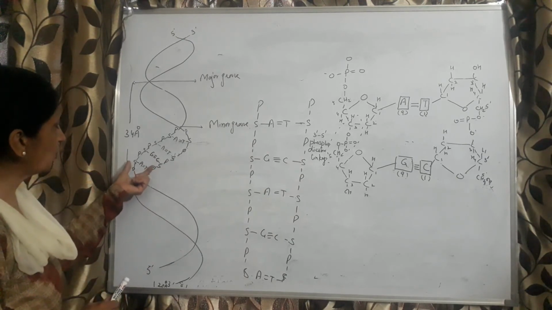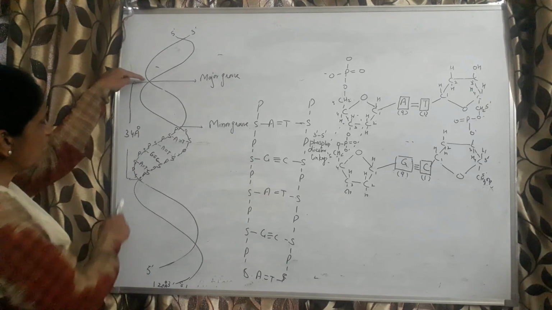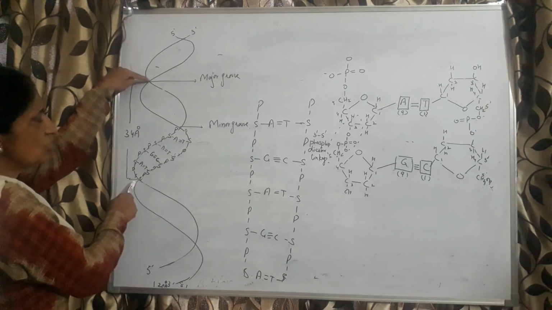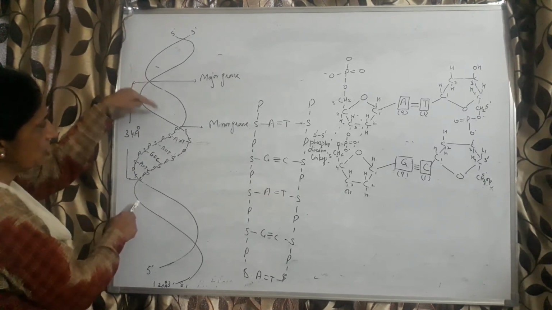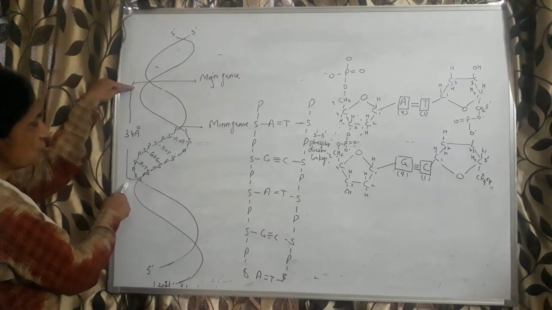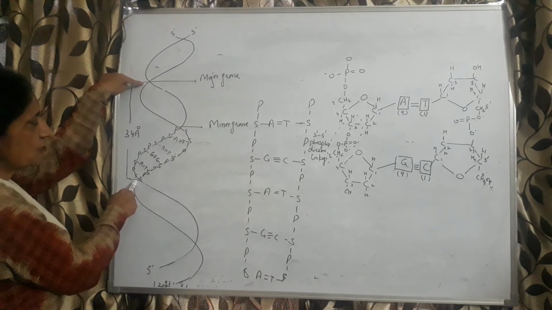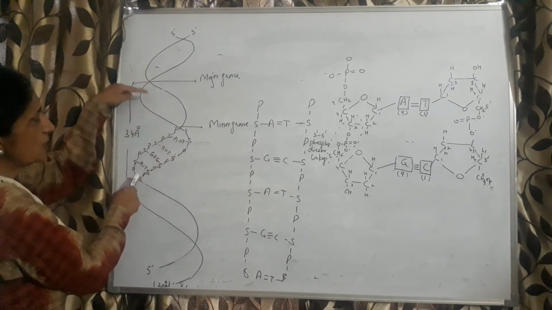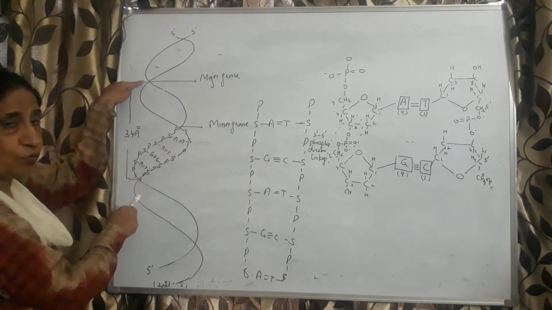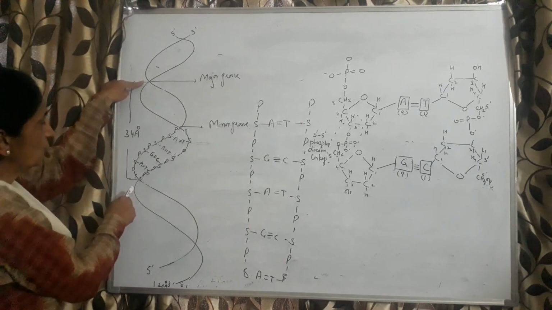The space between two alternating major grooves or two alternating minor grooves is 34 angstrom units. So in this much space there are 10 base pairs, and one nucleotide base pair occupies a space of about 3.4 angstrom units.